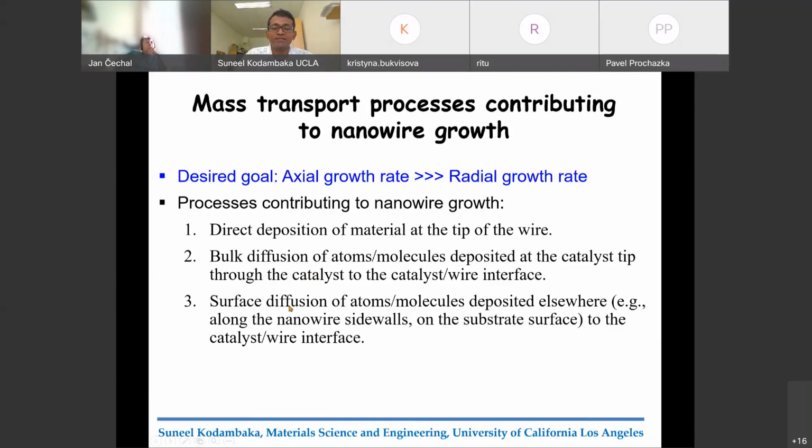Factors contributing to both of these depositions are the diffusion of material either through the droplet or on the surface of the nanowire. And all of these can contribute to how fast a nanowire grows and how it exhibits the size-dependent changes in the nanowire growth rates.